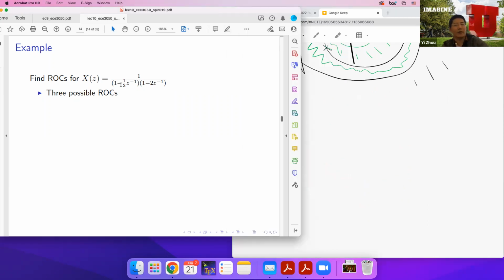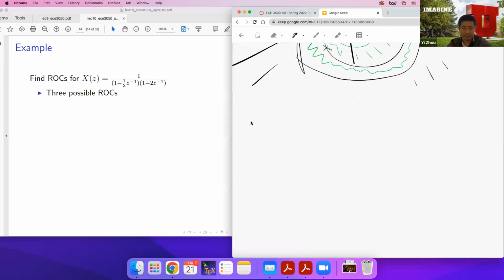The pole is defined as a root of the denominator. So the first pole is when Z equals 3. And the second pole is when Z equals 1/2.